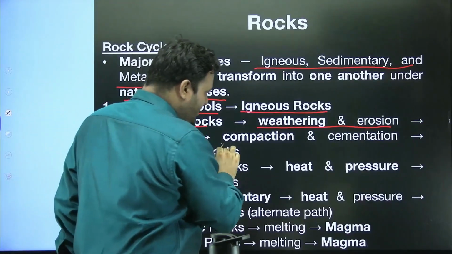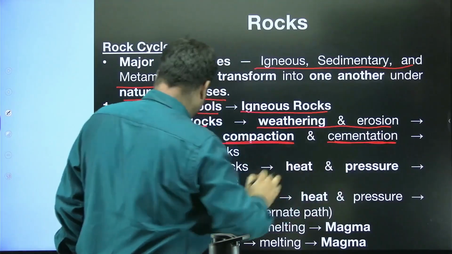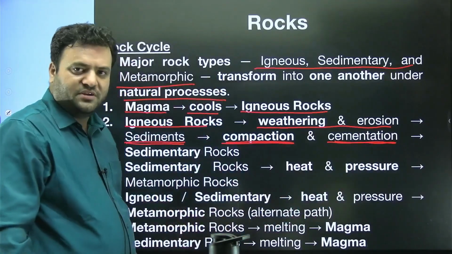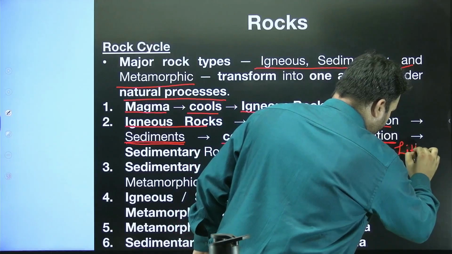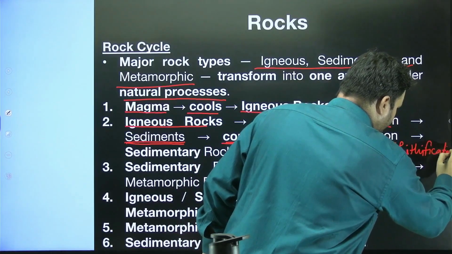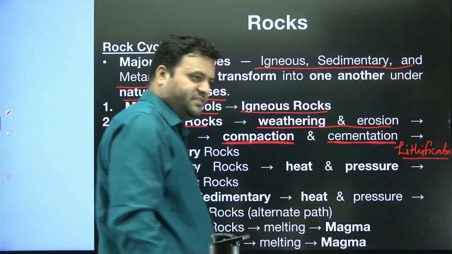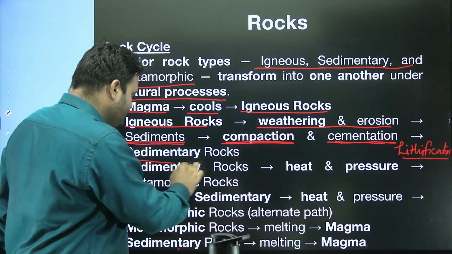These loose sediments are subjected to compaction, cementation, and lithification as well, which means further strength is added to these loose materials. As a result of lithification, we have the formation of sedimentary rocks.